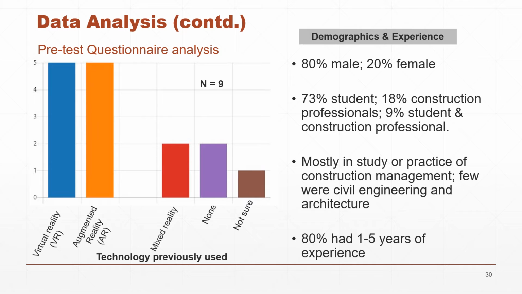We asked them about their experience in virtual reality and augmented reality, which came up as almost equal experience. 80% of the participants were male, 20% female. 73% were students, 18% were construction professionals, 9% were students and construction professionals, and mostly they had used it in study or practice of construction management. Few were civil engineering and architecture students too. 80% had 1 to 5 years of work experience.